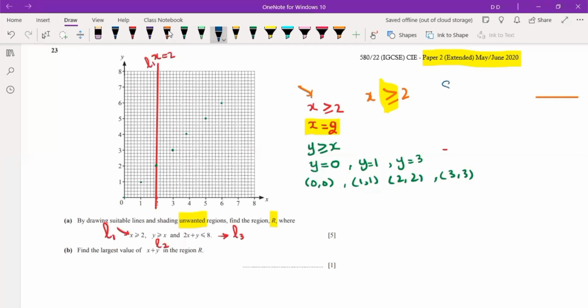We always use a solid line when the less than or equal to sign comes, or greater than or equal to sign comes. In the case of a dotted line, we have only less than or greater than signs. In this situation, again, we have the sign of greater than or equal to, so we will go with a solid line.